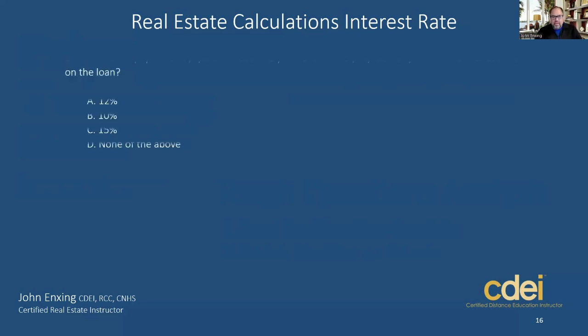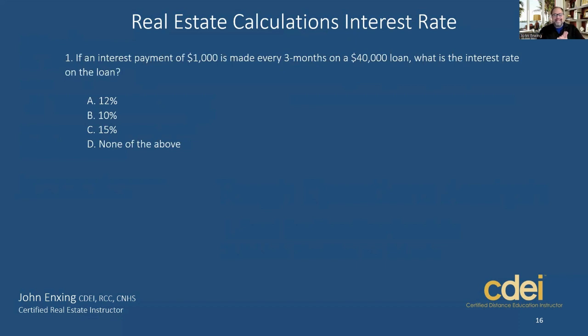Let's look at a question that you may see on the state exam and see how this can be a tough question, even though it's short and small. If an interest payment of $1,000 is made every 3 months on a $40,000 loan, what is the interest rate on the loan? Remember, IRV the banker.